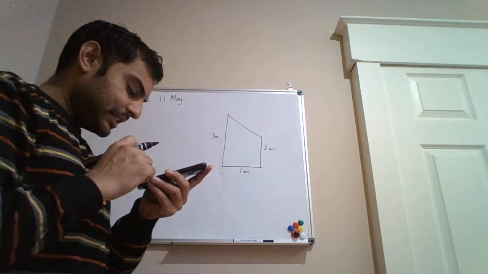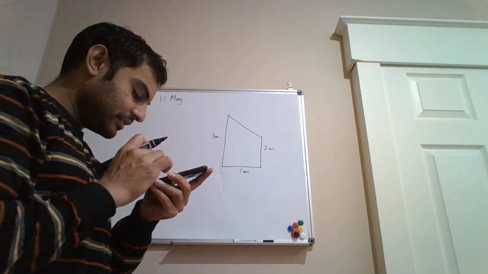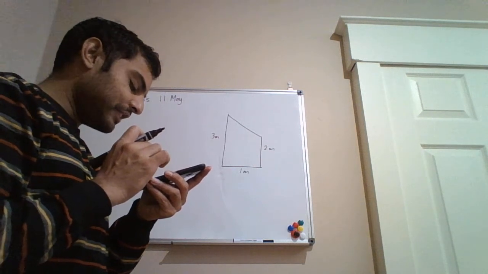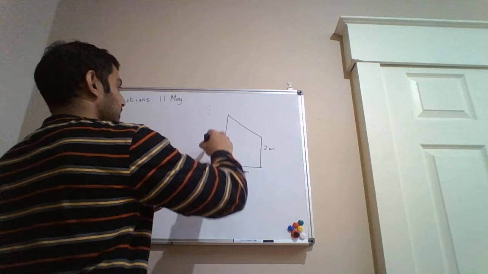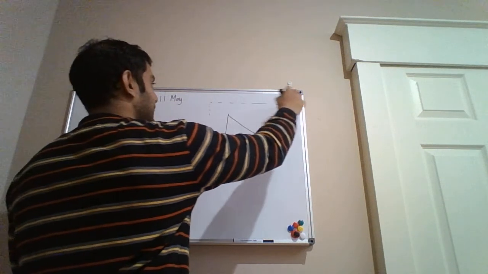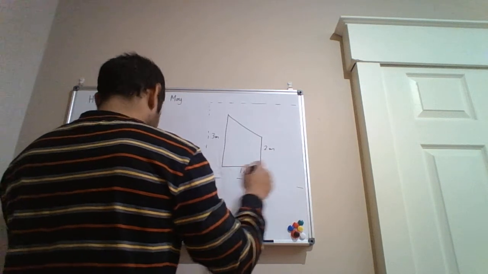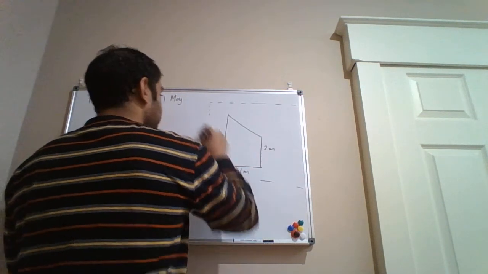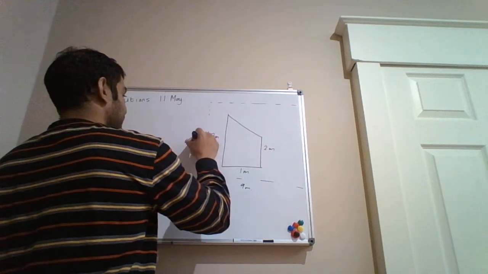A flower bed that has parallel sides of 2 meters and 3 meters and a height of 1 meter is cut out of a rectangular lawn that measures 9 meters by 6.5 meters. So there's a rectangular lawn around this, which is 9 meters and 6.5 meters.